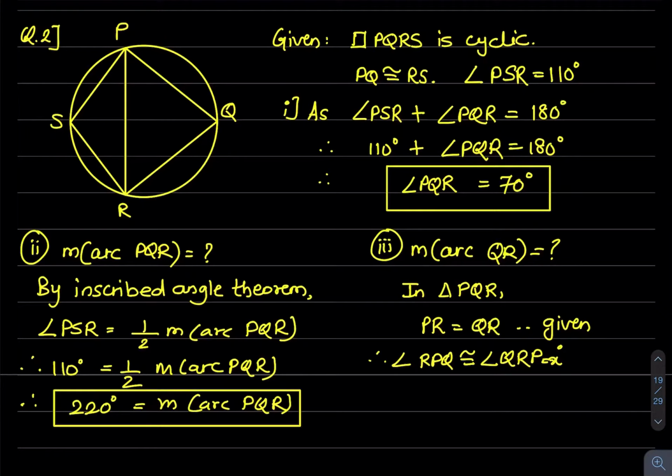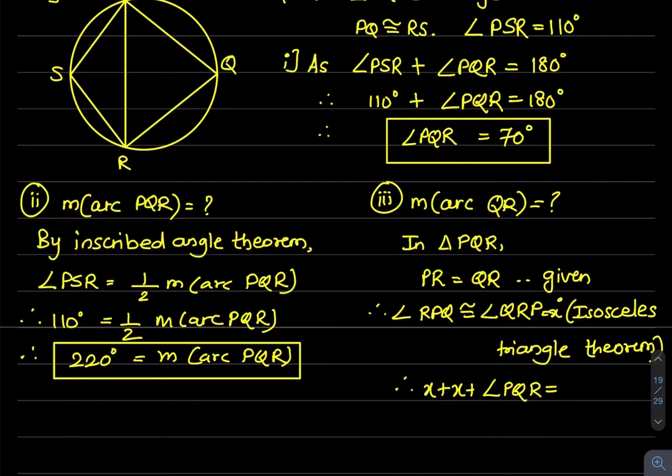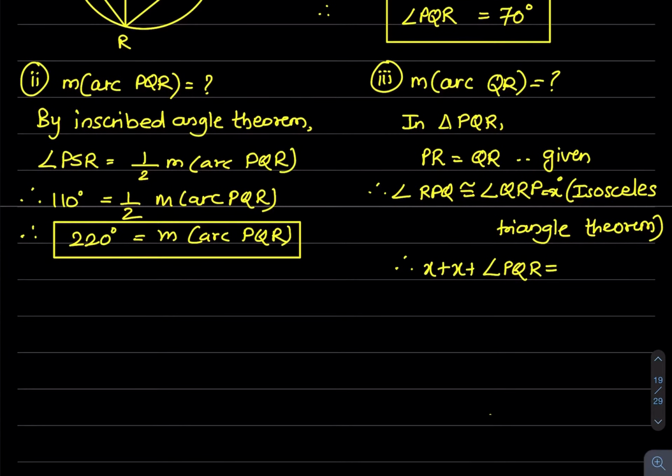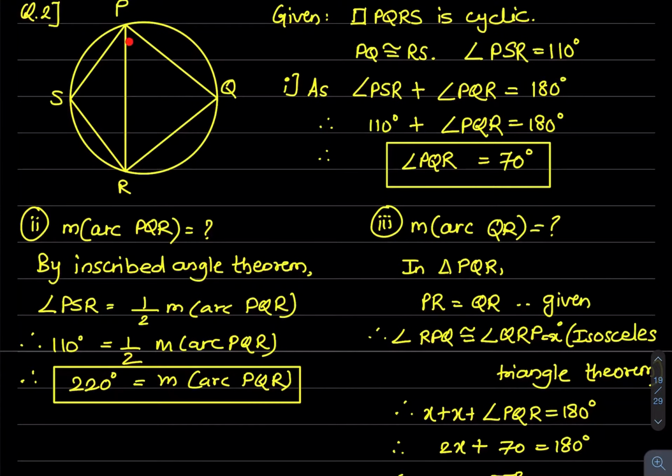We will give them the measurement x degrees because of the isosceles triangle theorem. Now x plus x plus angle PQR will be 180. So this plus this angle will be 180. So by solving this, we get the value of x as 55. So this angle is 55, this was x, also this is 55.